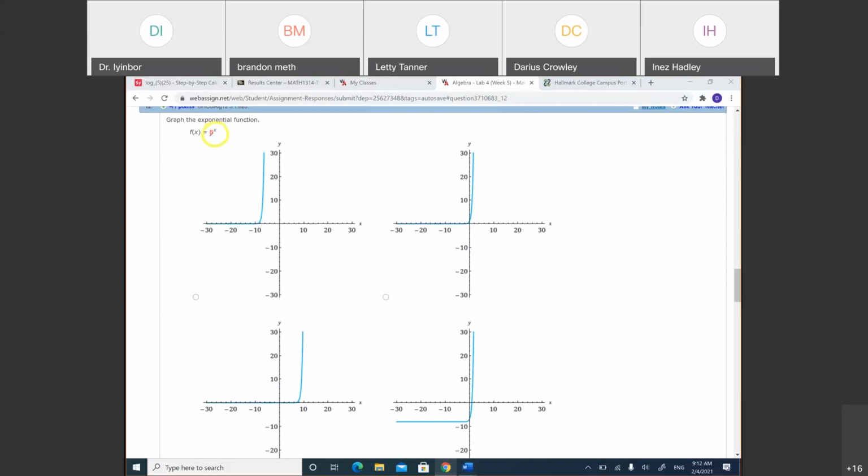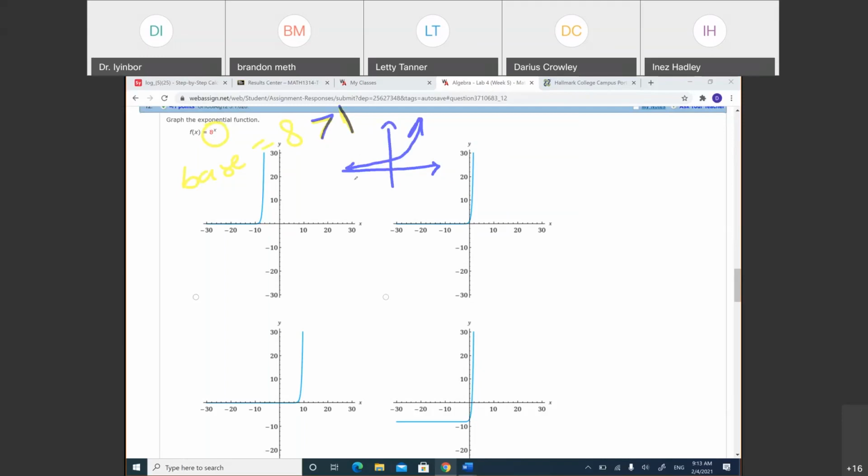So which one is the base? The base is 8. That's right. If the base is bigger than 1, then the graph is increasing. It's going to look like this.